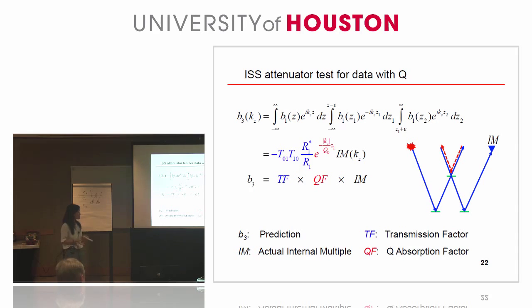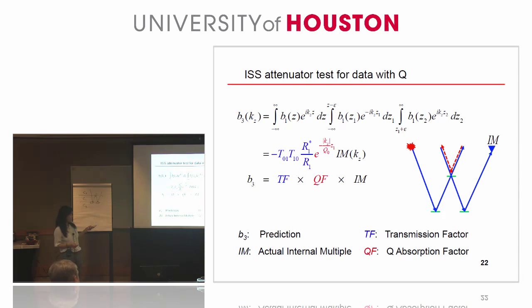For illustration, I just use this simple 1D normal incidence two-layer model to show you what happens. But this property will be preserved if you have 1D normal incidence with multiple layers, or multi-D as well. If you are interested in that, I refer you to my own short note in this year's annual report.